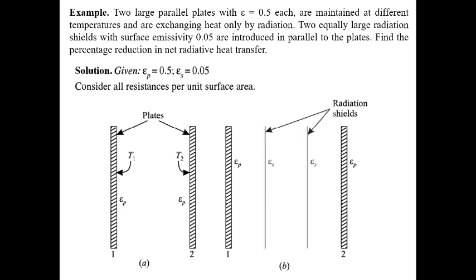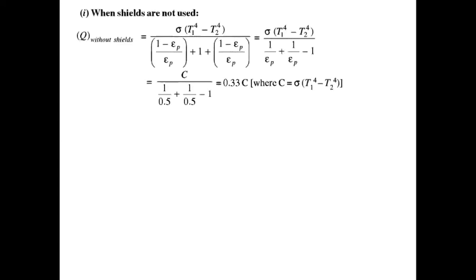This is basically the figure. First there is no radiation shield, so this is T1 and T2, and then we apply two radiation shields, epsilon and epsilon, both with the same emissivity. When we do not use the radiation shield, we write sigma times T1 to the power 4 minus T2 to the power 4 divided by (1 minus epsilon p) plus 1 plus (1 minus epsilon p).